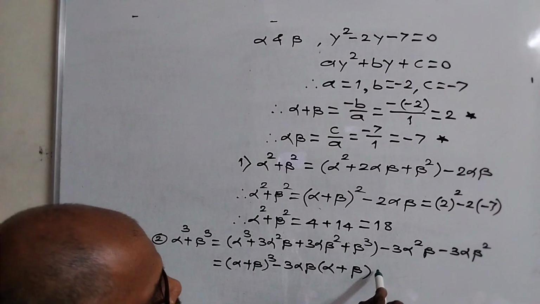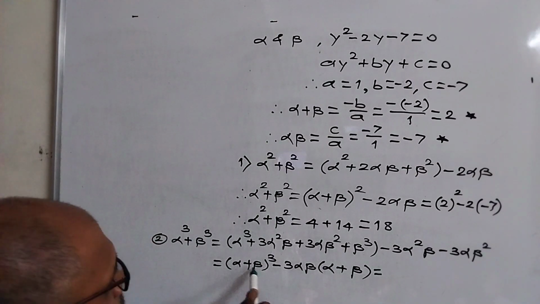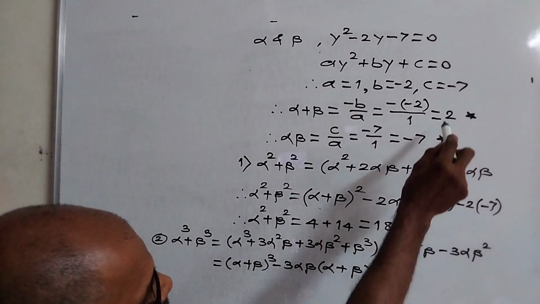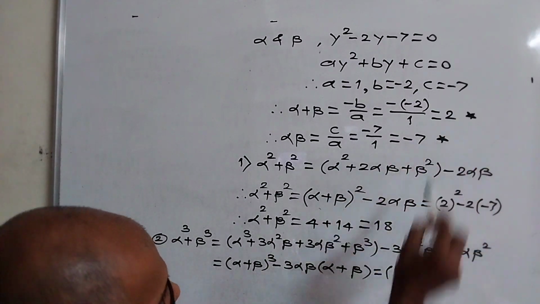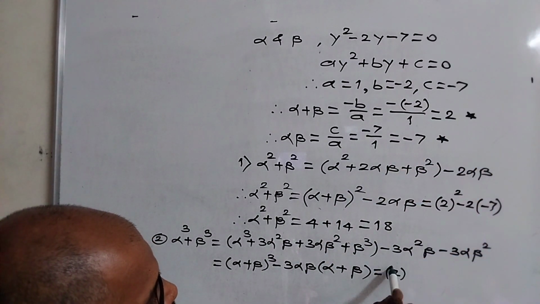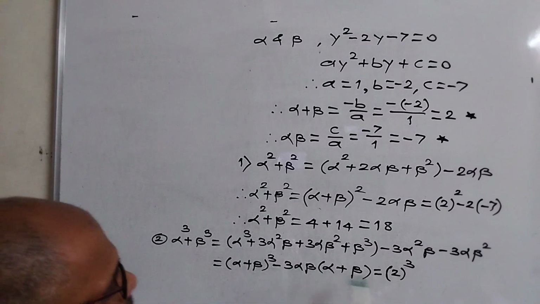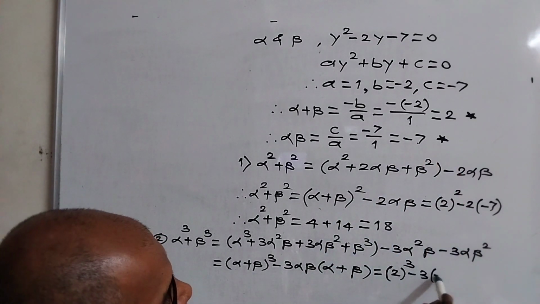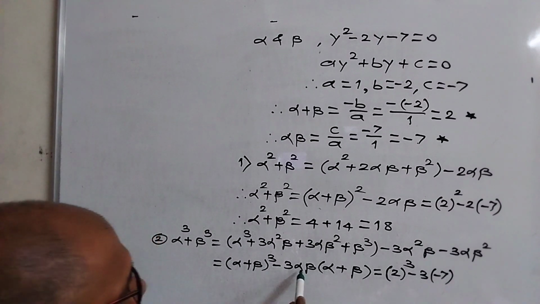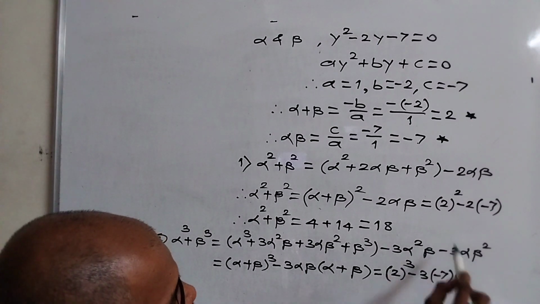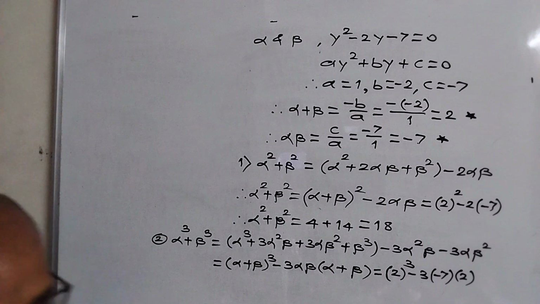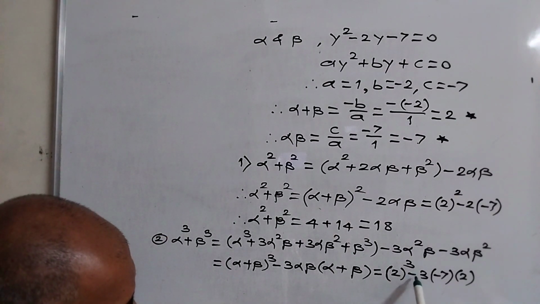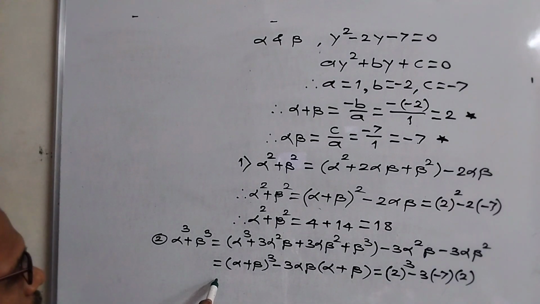Then we put values. See here, alpha plus beta, 2, 2 cube, minus 3 alpha beta, minus 7, and alpha plus beta, 2. Means 2 cube minus 3 into minus 7 into 2.